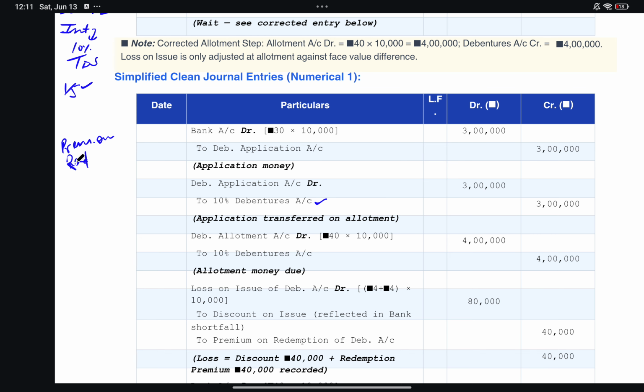Because premium on redemption is also a loss for the company, and we take this loss into account at the time of issue due to our concept of prudence or conservatism. So we have to calculate all anticipated losses. I know it's a future loss, but according to the principle of prudence we have to treat this at the time of issue.